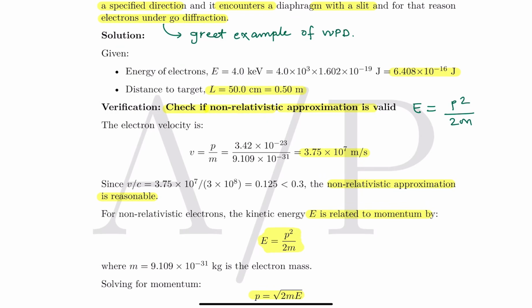But if it is a relativistic case, we use the formula E square equals momentum square C square plus rest mass energy square. But in this case, the ratio of the velocity of the electron and the speed of light is around 0.3, which is good for the non-relativistic approximation.